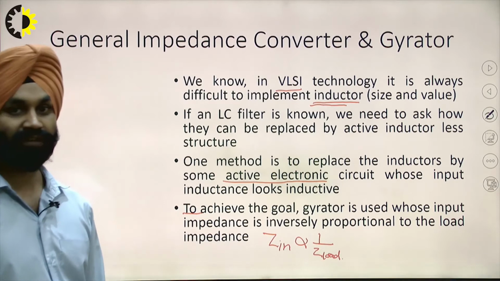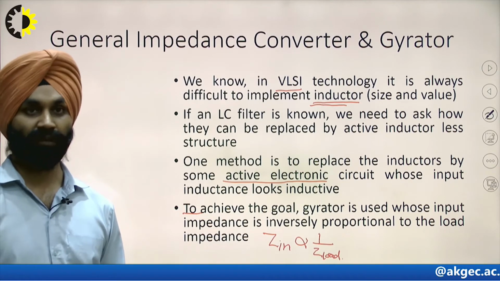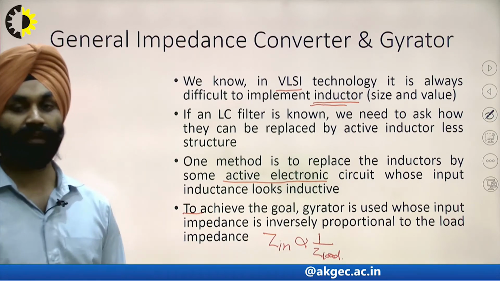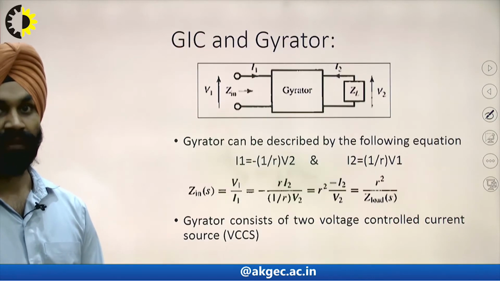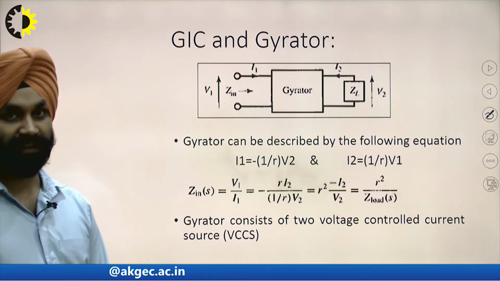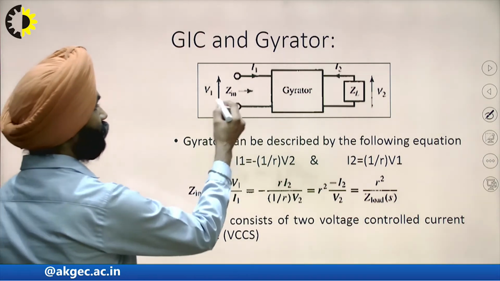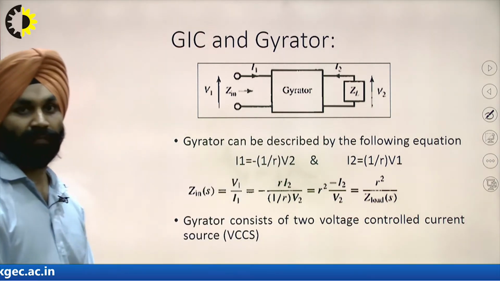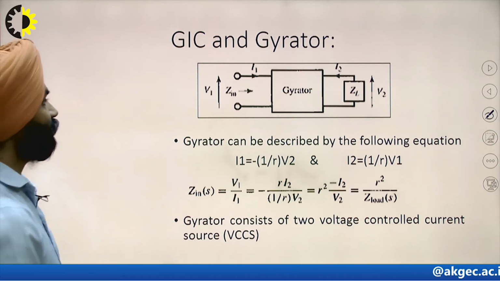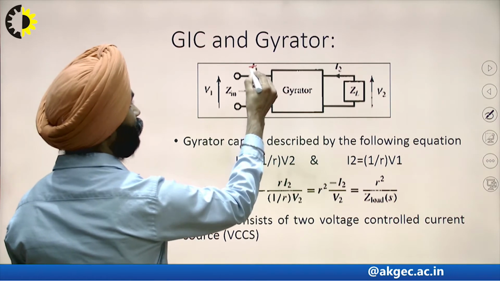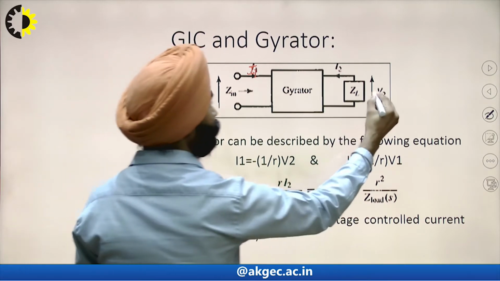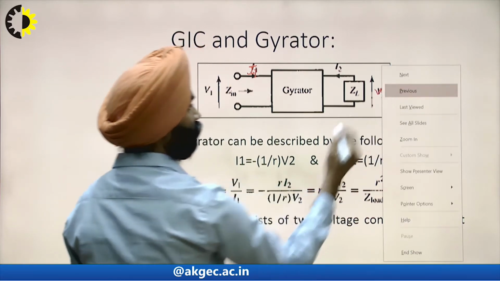This is the basic equation, the basic terminology of GIC, that the output load can be converted to the input impedance. If we see the block diagram of GIC, the output is inversely proportional to the input. Here I1 is the input current and V2 is the output voltage.